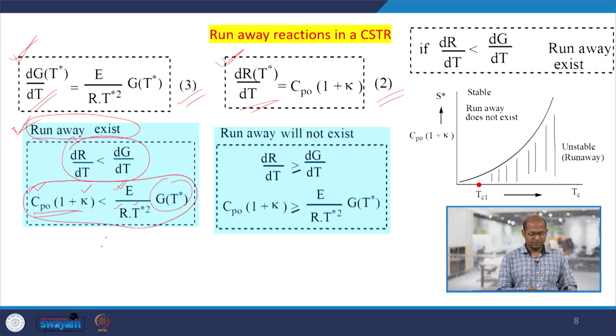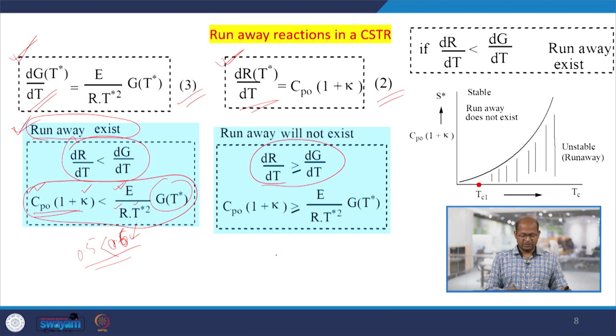If this value is greater than that, for example if one is 0.5 and the other is 0.6, then under these conditions runaway exists. That we have to avoid, or if it is less than 0.4.